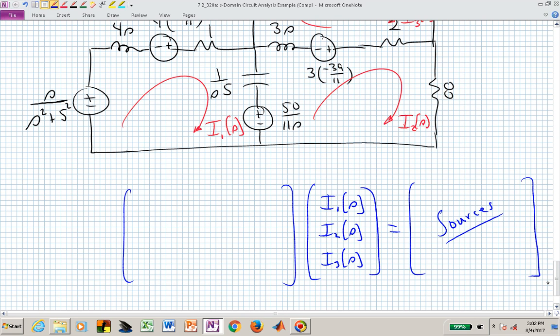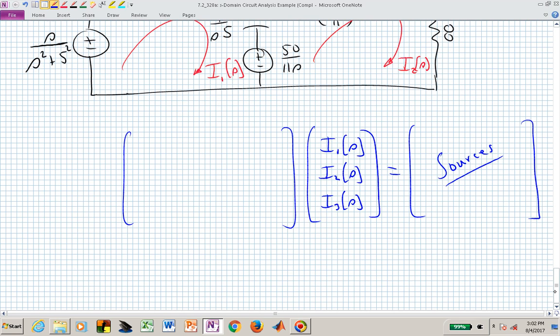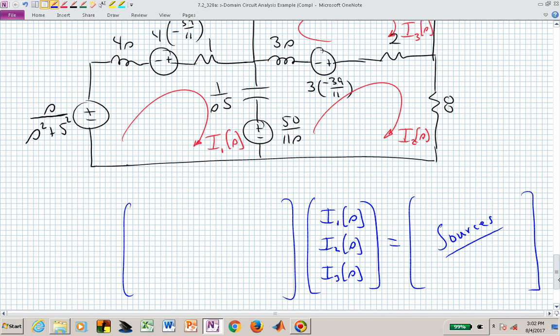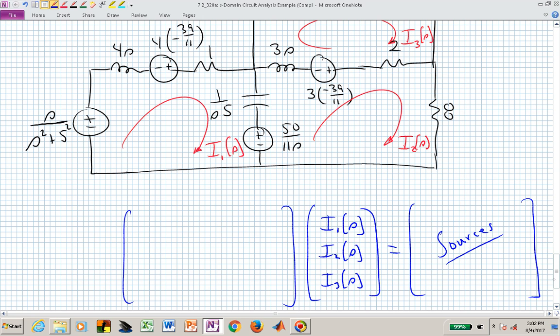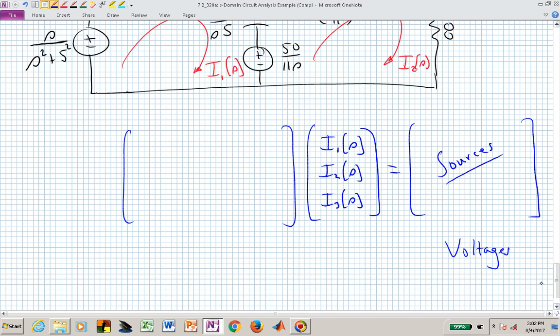And now you have something I is equal to, and all of these sources are voltages. And that's really just one column, but how many rows do we have? Well, we should have three mesh equations, so we have three equations in three unknowns. Here is actually going to be our impedance matrix, which dimensionally is 3 by 3.